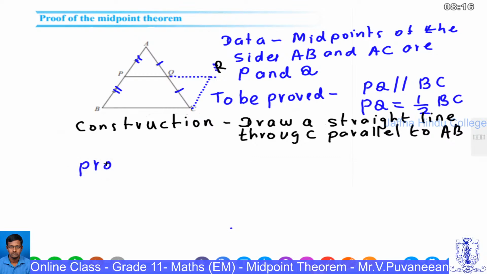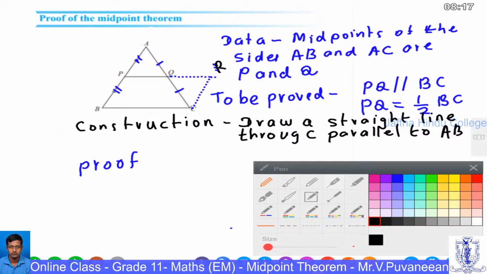Proof. To prove this, first we have to plan how to prove PQ parallel to BC and PQ equal to half BC. There are two small triangles, APQ and QCR.